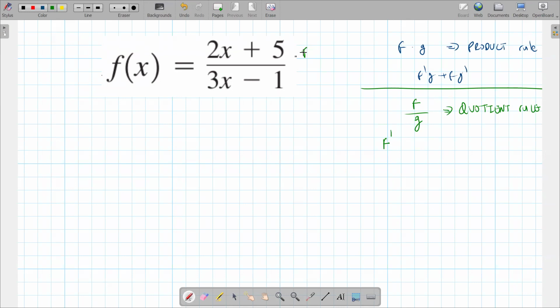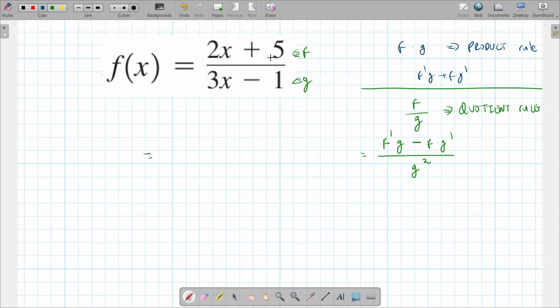So this is your f, this is your g. The quotient rule says the derivative is f prime times g as it is, minus f times g prime, which is the exact same thing as the product rule, except with a minus sign. And then there's one extra step, all over the original g squared. So that's the formula for the quotient rule, which is what we're going to be using here.